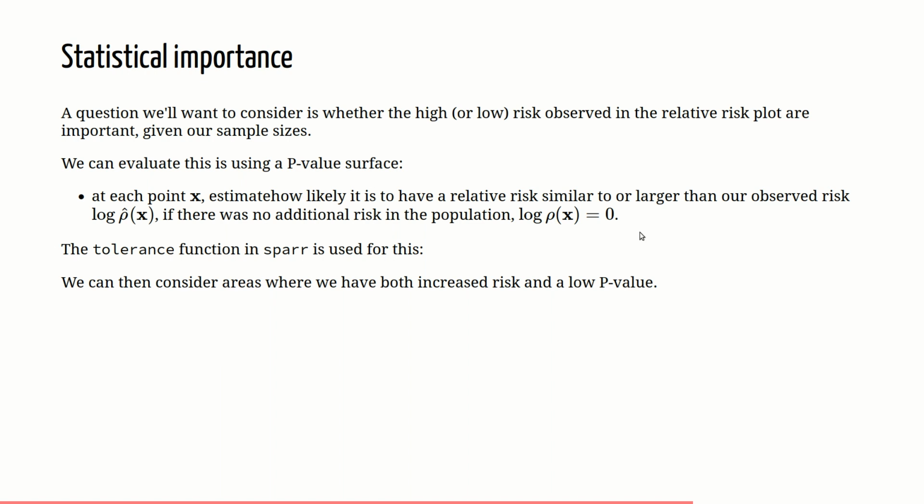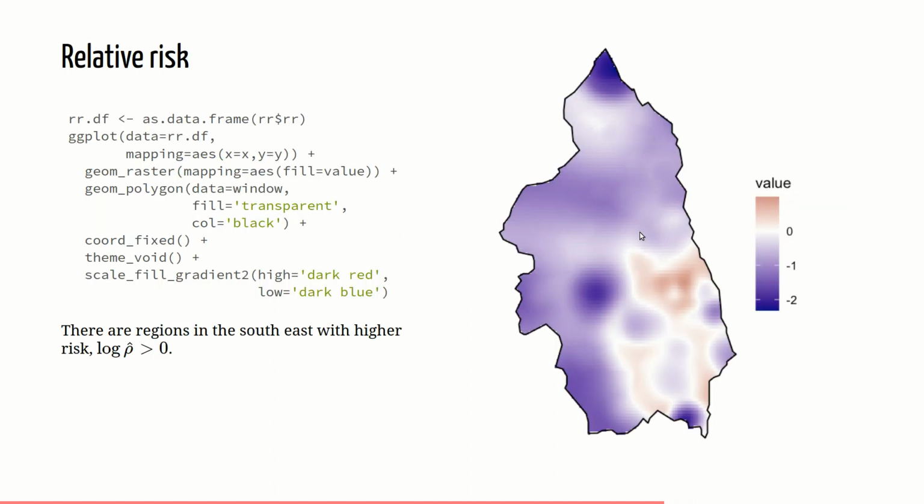And so in the relative risk scenario, what we do is, at each location, we estimate how likely it is that we got a relative risk of, say, 2. For example, if we're up here, we've got a log relative risk of about 1.